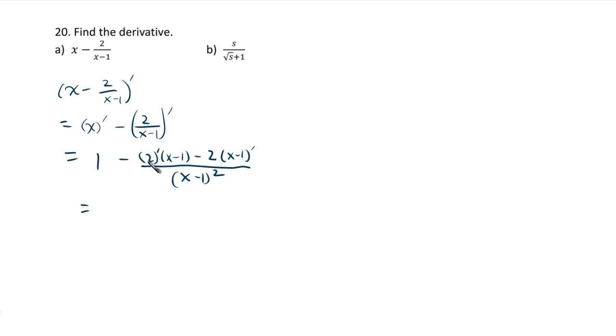And 2 prime, 2 is a constant, so that gives you 0. 0 times anything is 0. So it's 1 minus -2, and x differentiates to 1, over x minus 1 squared. So that just gives you -2, but there's a minus in front, so you have 1 plus 2 over x minus 1 squared.